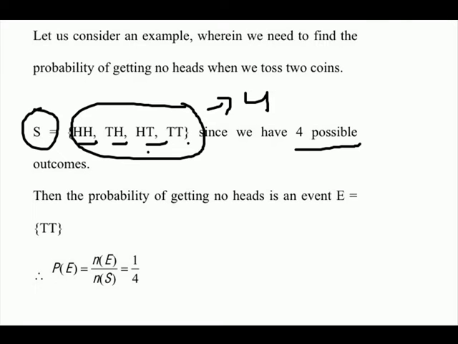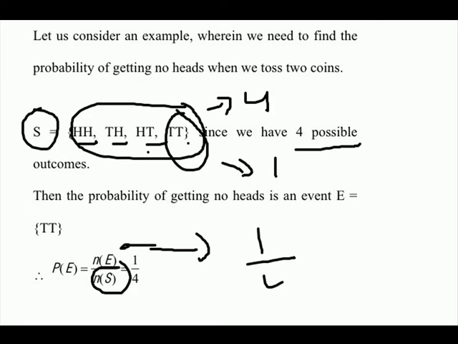No heads means both coins should show tail tail, which is the one here. Is there any other tail tail? No. Great. So this is 1, and hence the probability of getting no heads in an event E is the number of times event E can occur, which is 1, divided by the total sample space, which is 4. So quite simply the probability is 1 by 4.